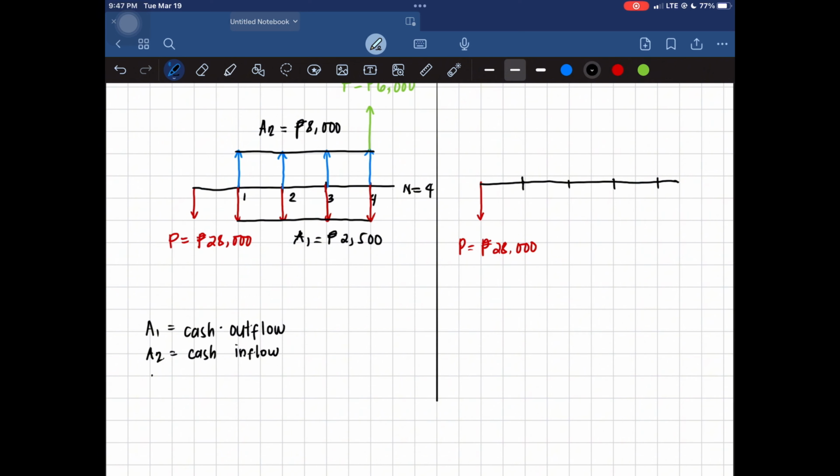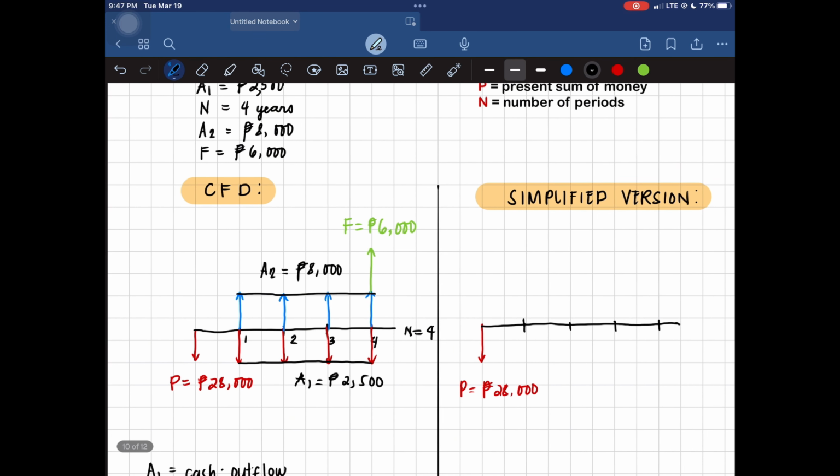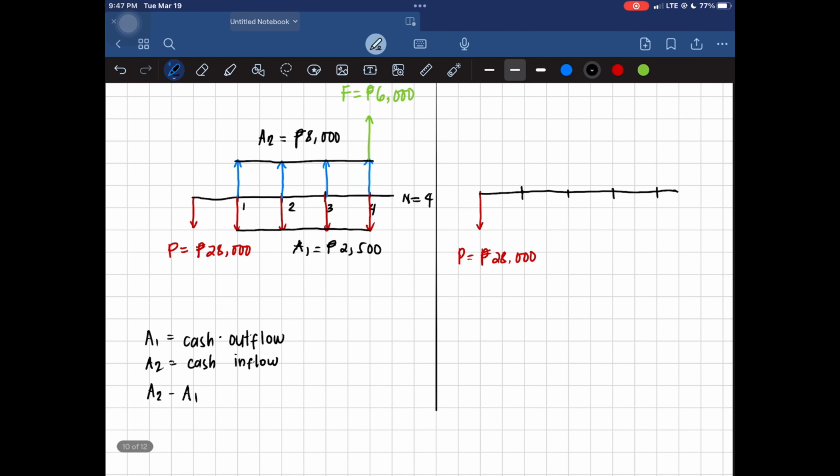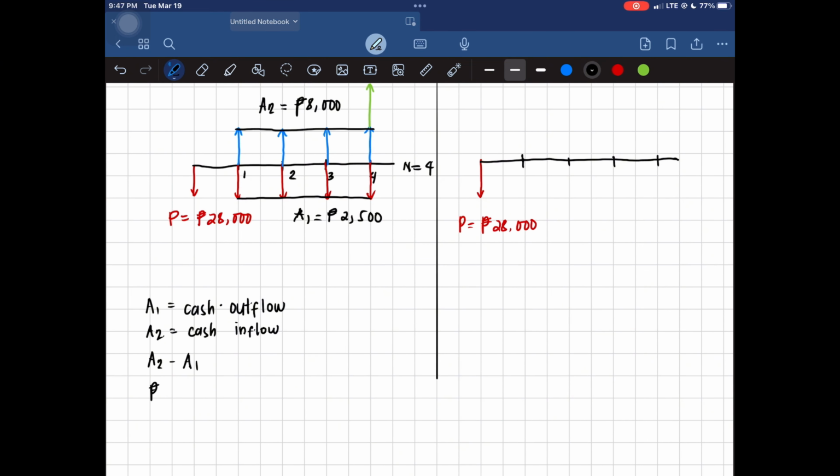So we have to subtract A sub 1 from A sub 2. Since we have a bigger amount for our cash inflow, then we have to subtract this one. So 8,000 minus 2,500, so it's 5,500 pesos. So this will be our annuity each year for 4 years.